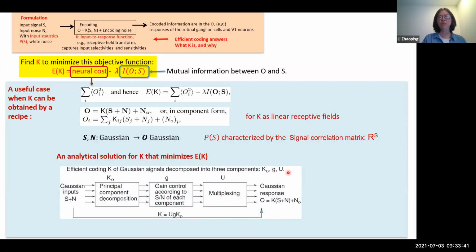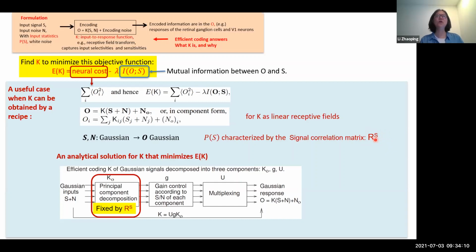So in particular, we presented in a textbook this analytical solution, which has more or less three conceptual steps. One is just do the principal component analysis. Everybody is comfortable with that, PCA. Just use the signal correlation, okay? Because in this situation, if things are Gaussian, you can characterize this probability distribution by the correlation matrix of the signal.